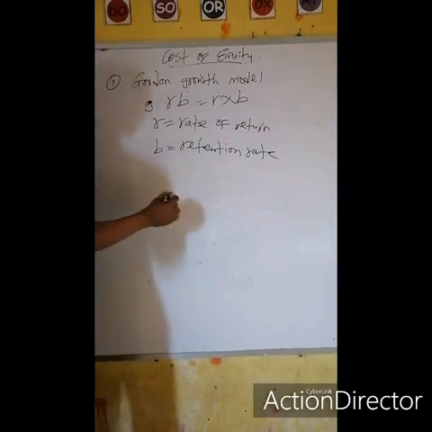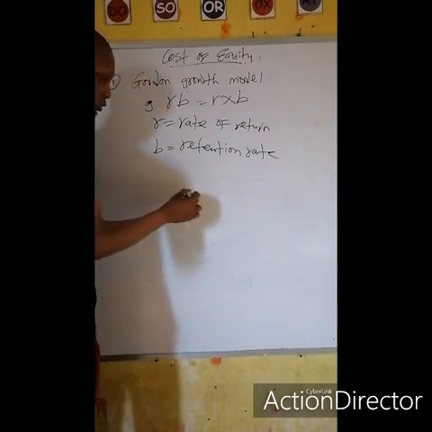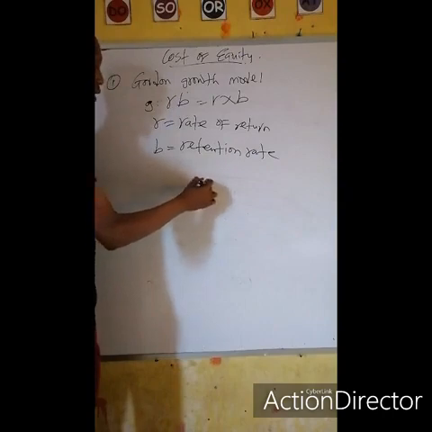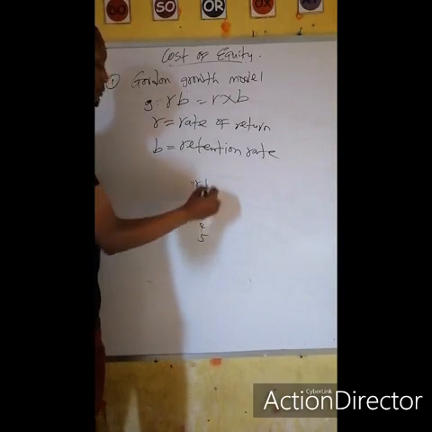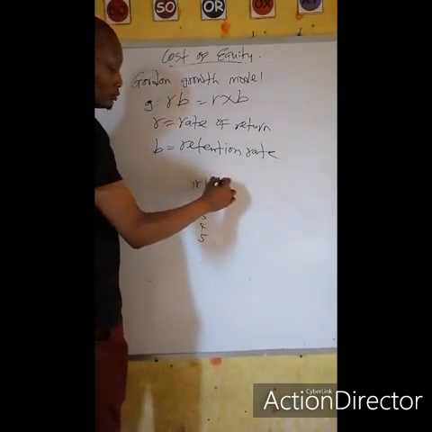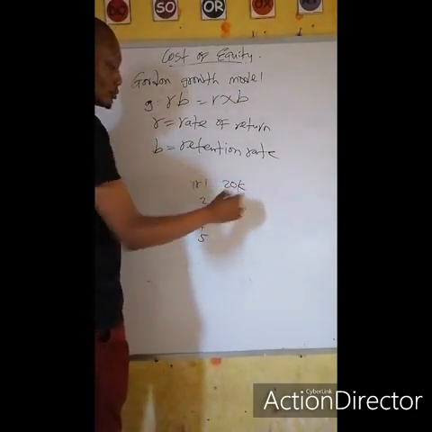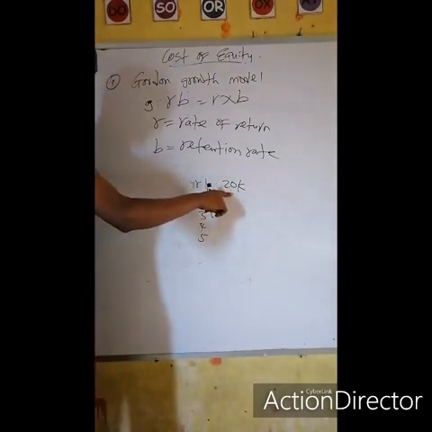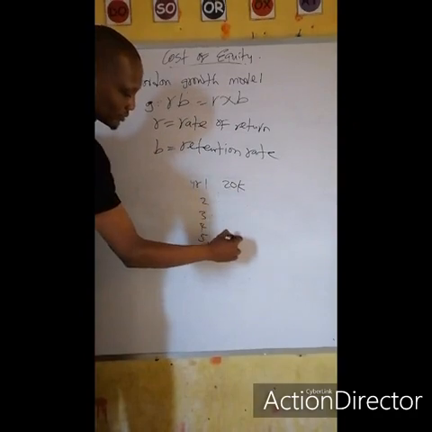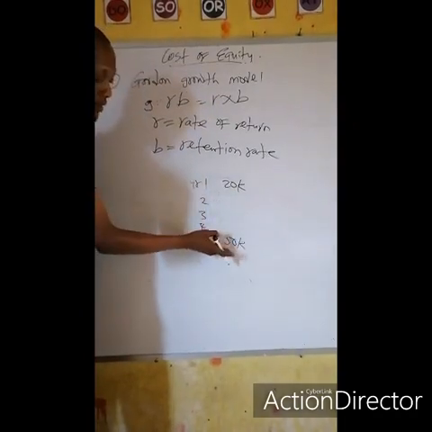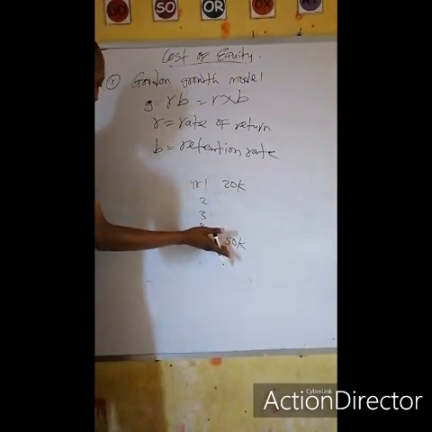Going back to the table I started earlier, year 1, year 2, year 3, year 4, year 5. So 20 kobo is the base year dividend. This is the current year, let's say 50 kobo. This is the current year dividend.